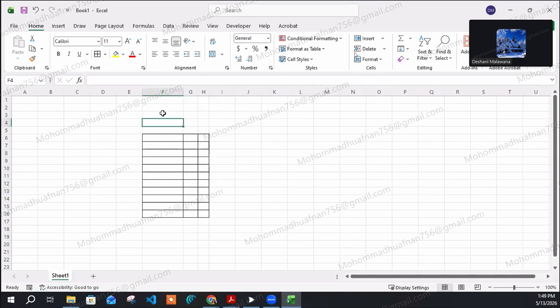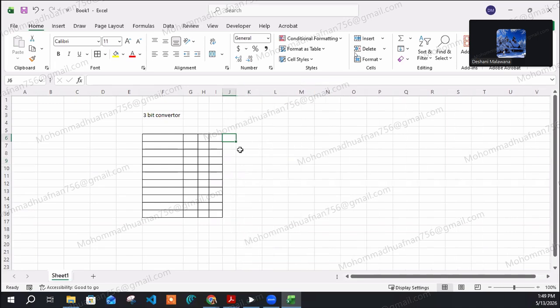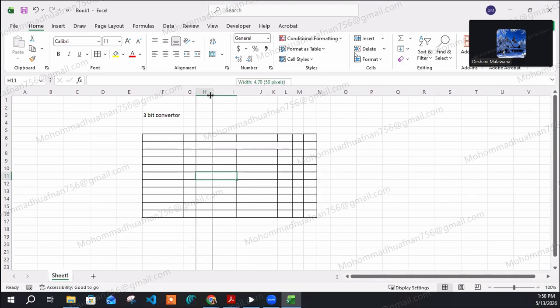So today I'm going to do a 3-bit conversion. 3-bit in the sense that for the binary I am considering only 3 bits. This is going to be the 3rd bit, and I will take the same for this one as well.